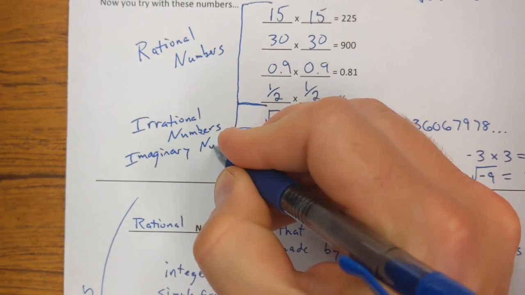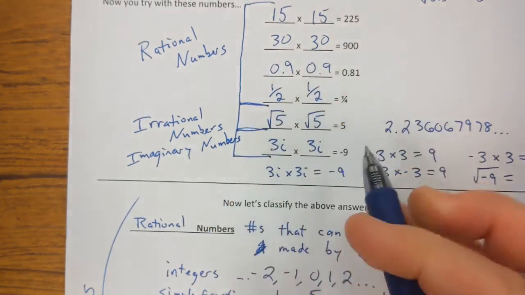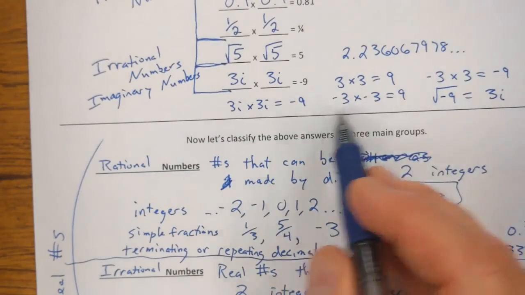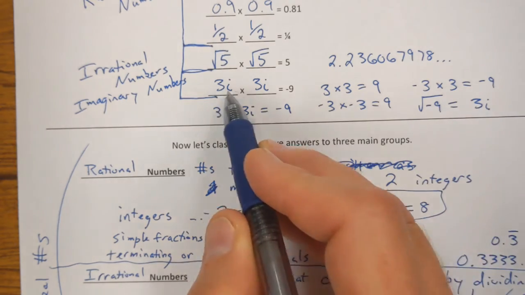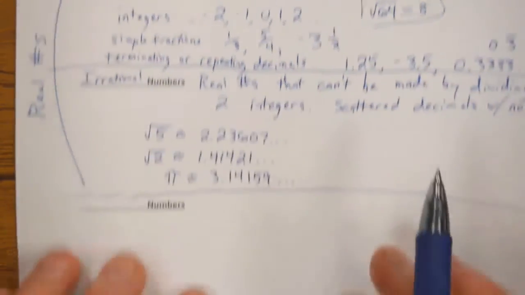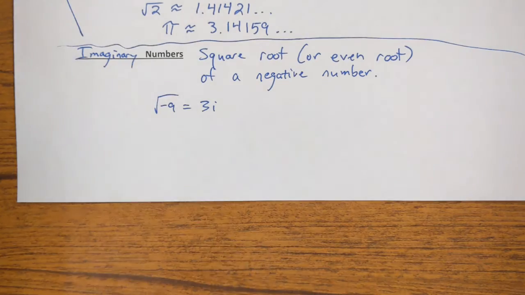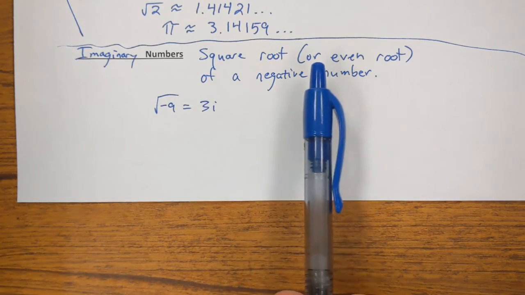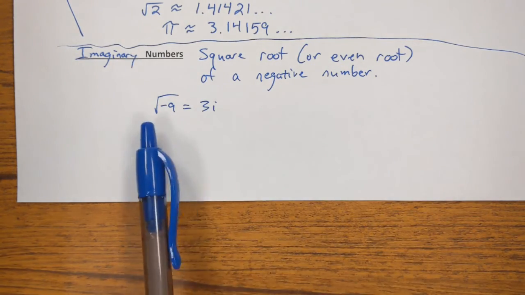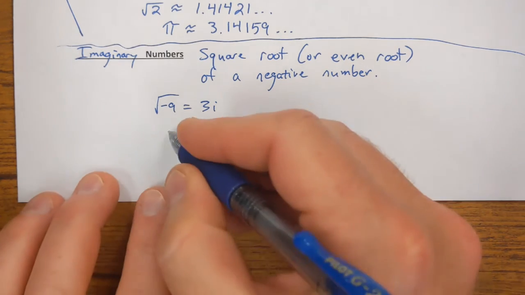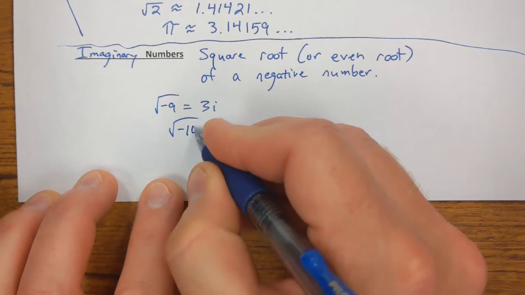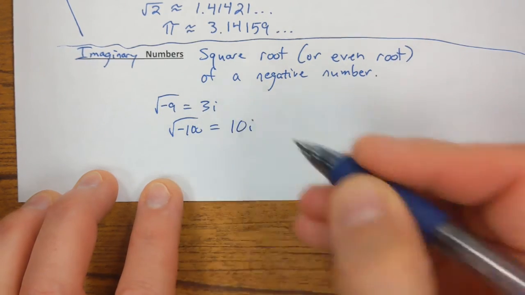And imaginary numbers, these are the numbers that you get anytime you try to take the square root or an even root of a negative number. You get these imaginary numbers. So let's put that in our notes here. Imaginary numbers, the square root or any even root of a negative number, such as the square root of negative 9 equals 3i. The square root of negative 100 equals 10i.